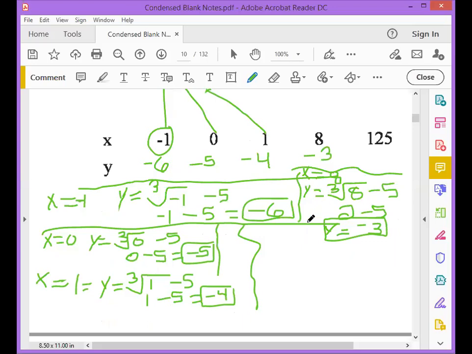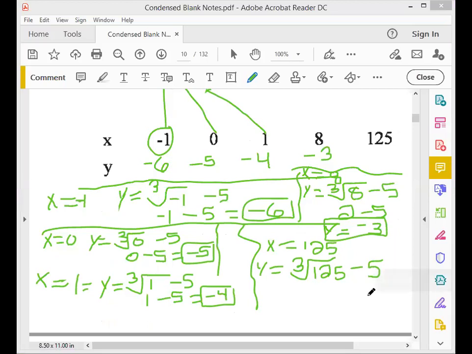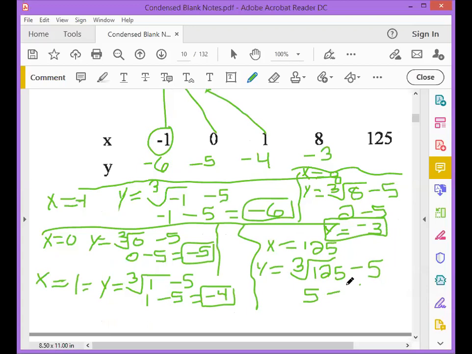Now lastly, we want to substitute 125 for x. To get our y coordinate, we'll take the cubed root of 125 minus 5. And the cubed root of 125 is 5. Minus 5 gives us 0. So when x is 125, y is 0. And we're done.